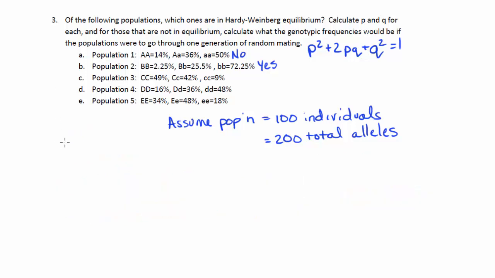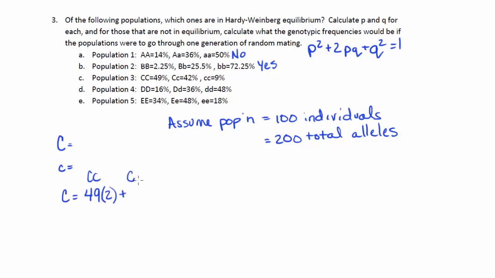For population number 3, we want to solve for capital C and lowercase c. That would be our P's and Q's. To look for the number of capital C's that we have, we know that 49 of the individuals in our population have a capital C, so they've got 2 copies each of that particular allele.